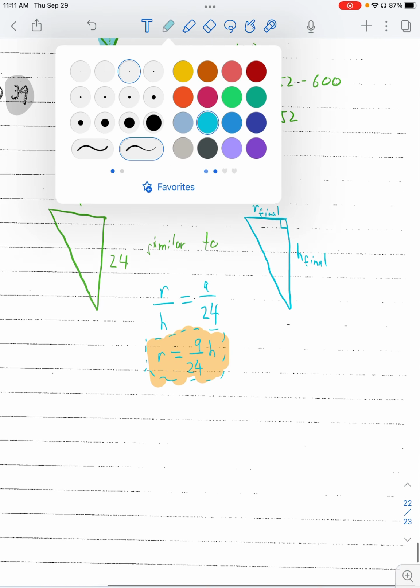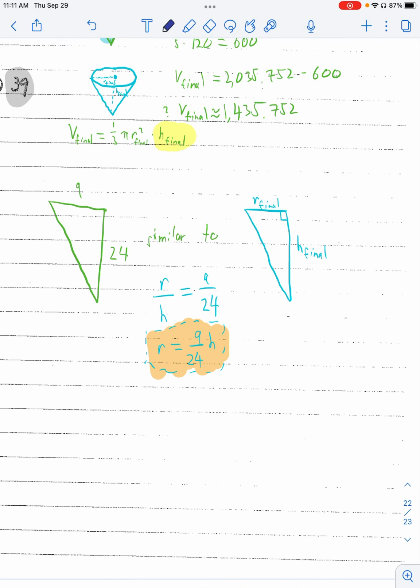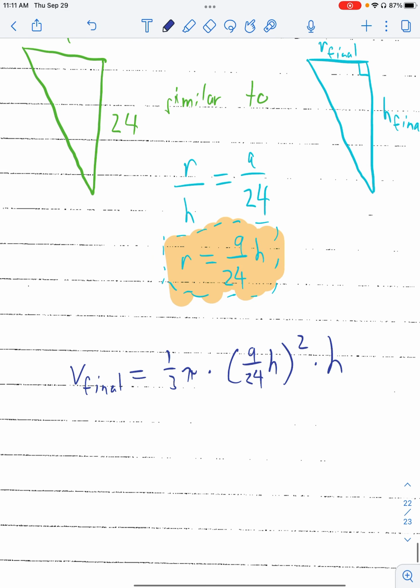I'll leave V final as V final for now and plug in all my values at the end. So V final equals 1/3 times pi times 9/24 H squared times H. Now I'm going to solve this equation for H.